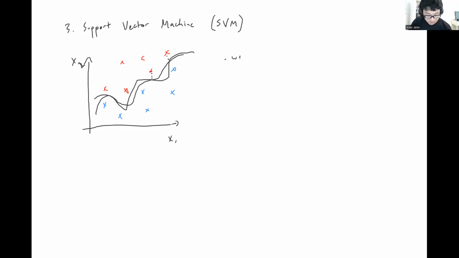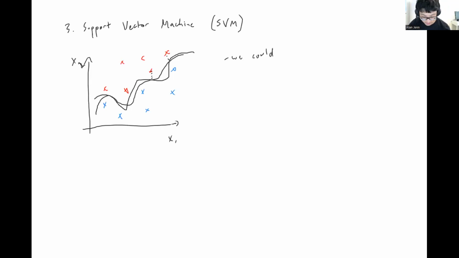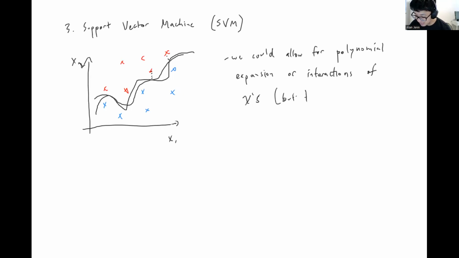So we could allow for polynomial expansion for interactions of x's, but this explodes in size very quickly.